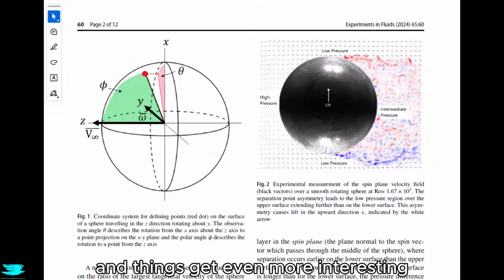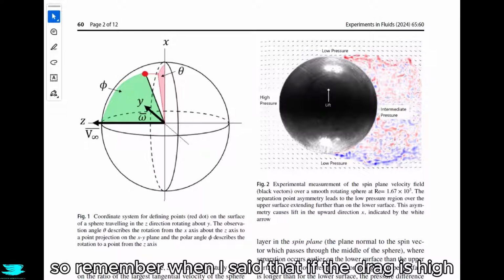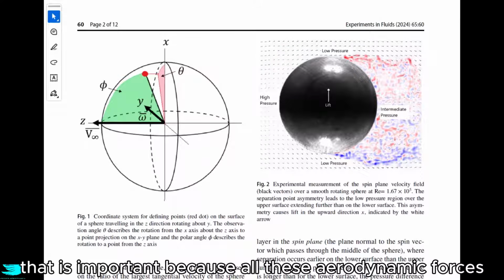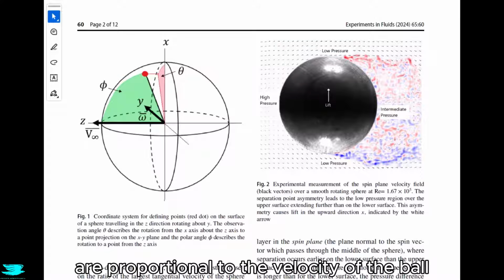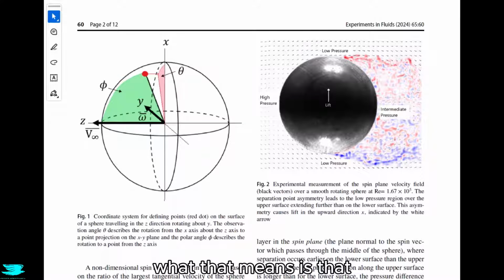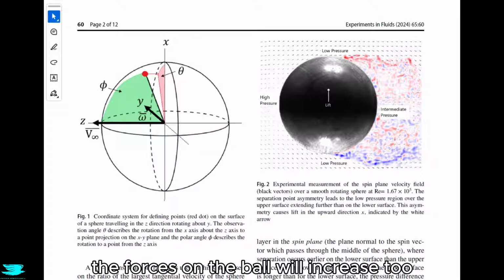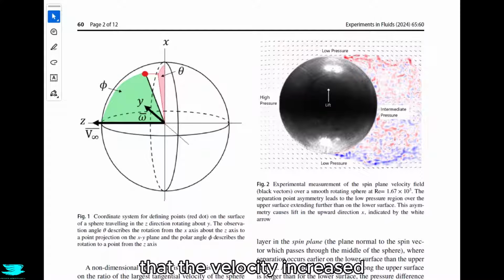And things get even more interesting when you factor in the drag here. Remember when I said that if the drag is high, then the ball will decelerate quicker. That is important because all these aerodynamic forces like the drag, lift, and even side forces are proportional to the velocity of the ball compared to the surrounding air squared. What that means is that if you increase the speed of the ball, the forces on the ball will increase too, but the forces won't increase by the same amount that the velocity increased.